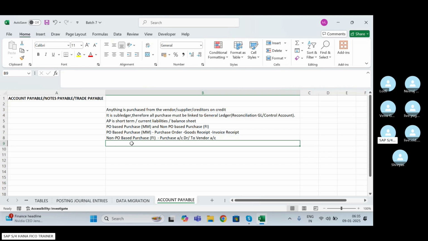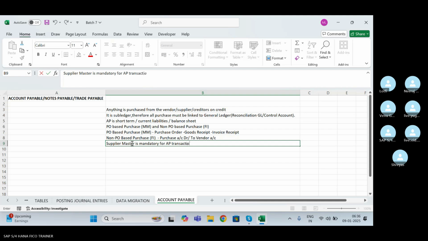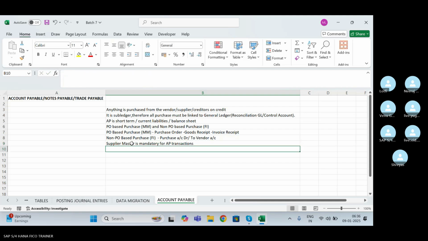Then only it is known as account payable. If the vendor is not coming in debit or in credit, then there is no point in saying it is an account payable related transaction. So the supplier master is mandatory for an AP transaction.